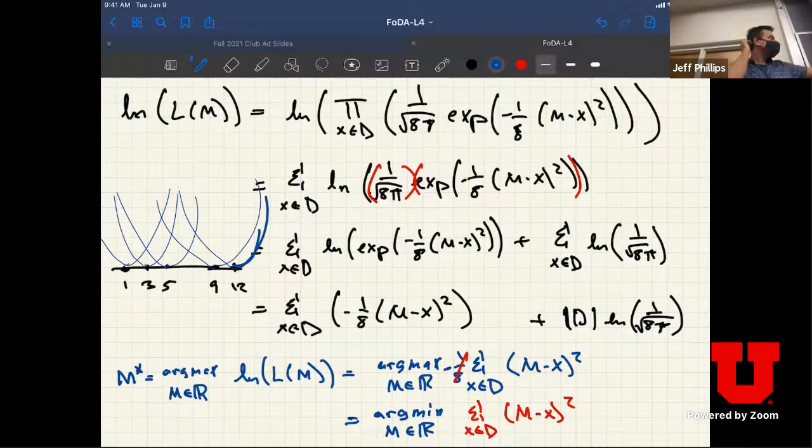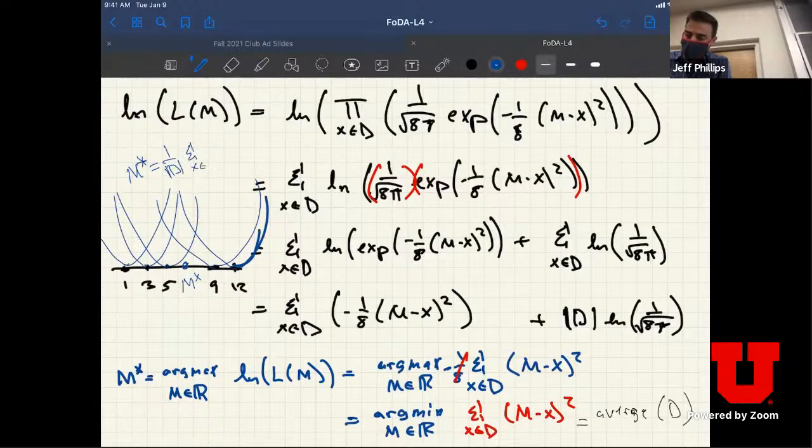The point that minimizes the sum of the squared distances is exactly going to be the average of the set D. So M star is going to be equal to 1 over the size of D, the sum over x in D of x. The average is the point that minimizes the sum of squared error.